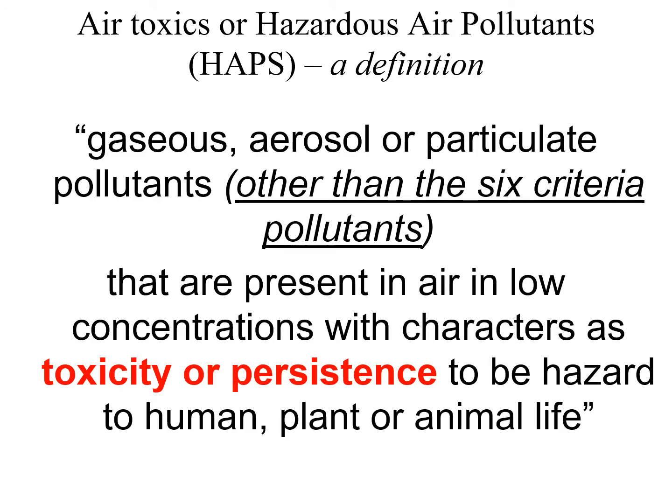Air toxics or hazardous air pollutants, definition: gaseous, aerosol or particulate pollutants other than the 6 criteria pollutants that are present in air in low concentrations with characteristics such as toxicity or persistence so as to be a hazard to human, plant, or animal life.